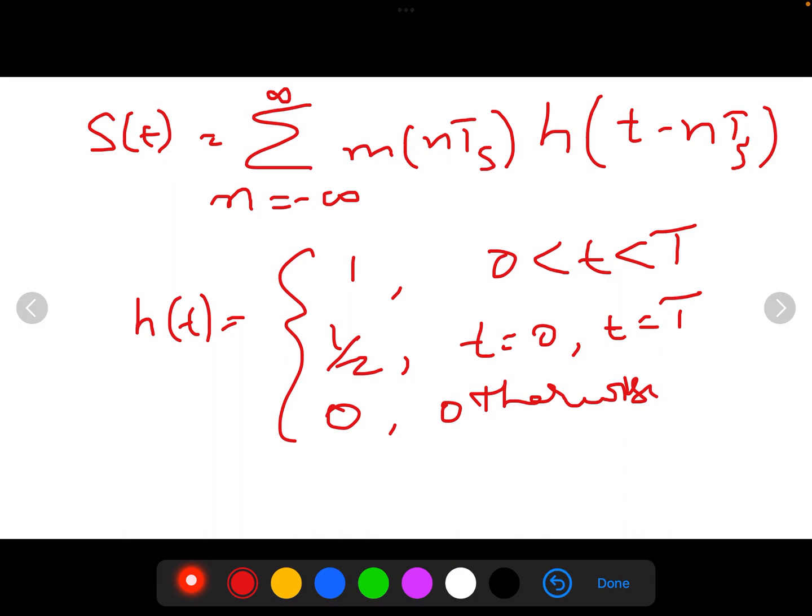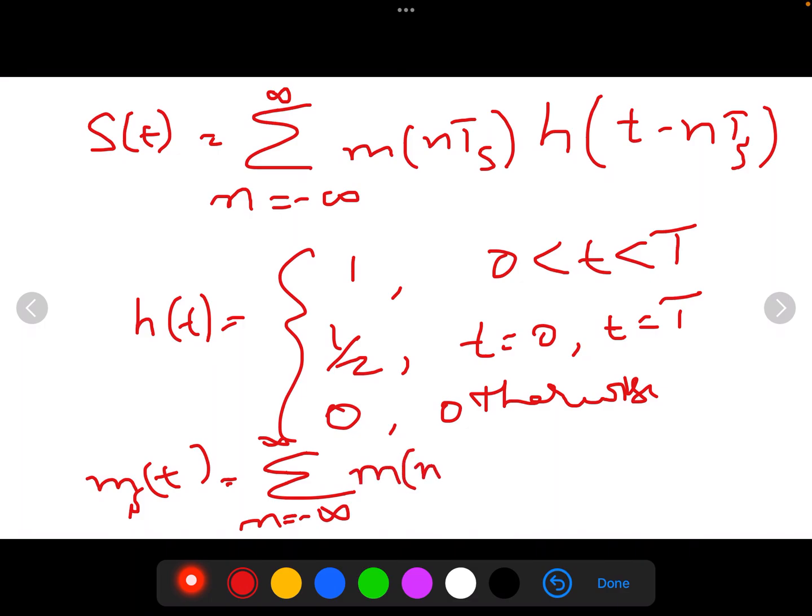Where the sampled version of m of t is given by m delta of t, which is summation n from minus infinity to plus infinity m of nTs into delta of t minus nTs.